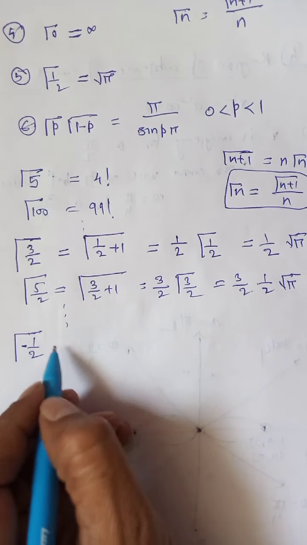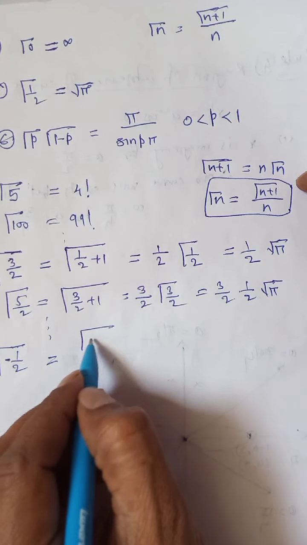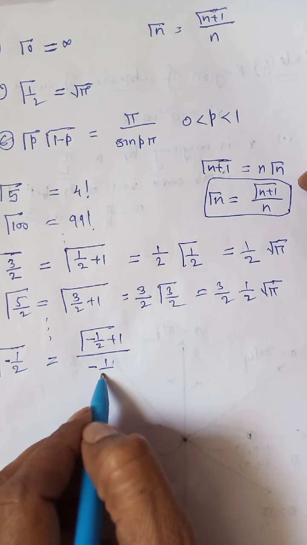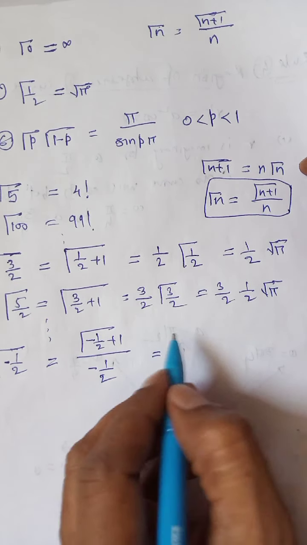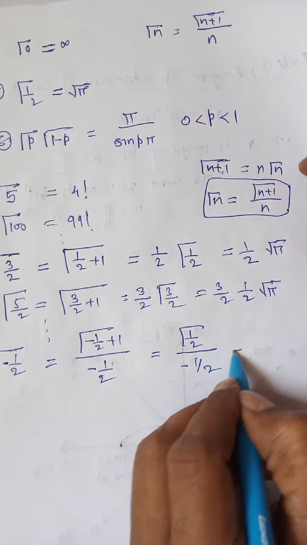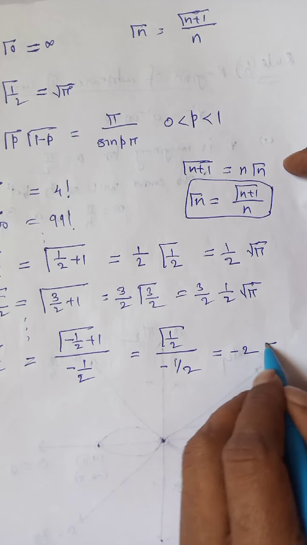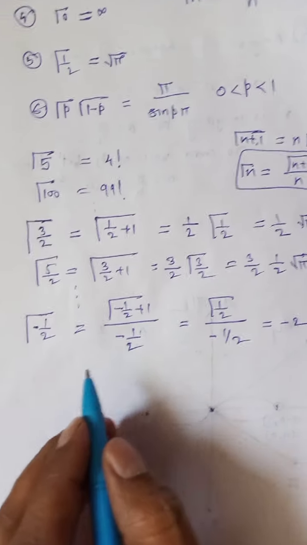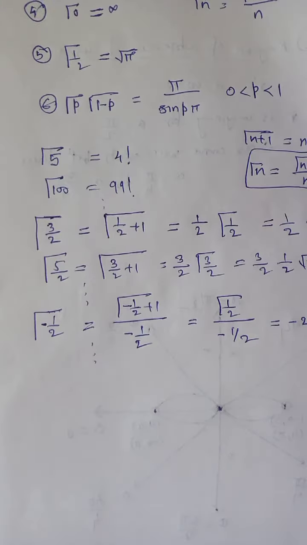So using this result, n is minus half, so we'll get gamma of minus half plus 1 divided by minus half. So gamma of minus half plus 1 is gamma half divided by minus half, so this is minus 2 into gamma half, which is root pi, right? So in this way we can find the values of gamma functions.